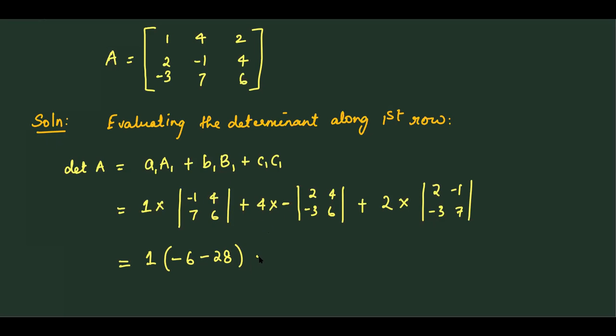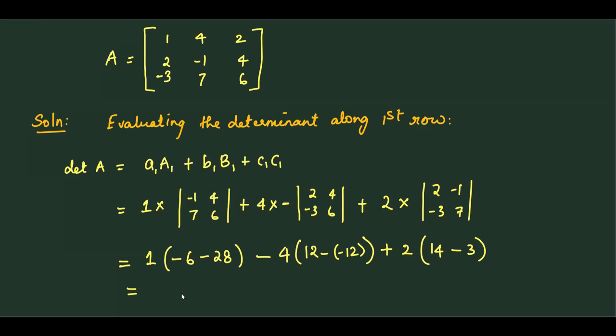The second term will be negative, and 4 times 2 6, 12, minus of 3 times 4 with a minus sign. So 12 minus of minus 12, plus 2 times 14, 2 sevens 14, minus of minus 3 into minus 1 is 3.